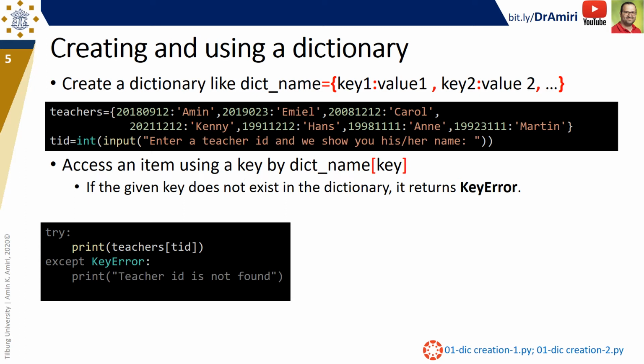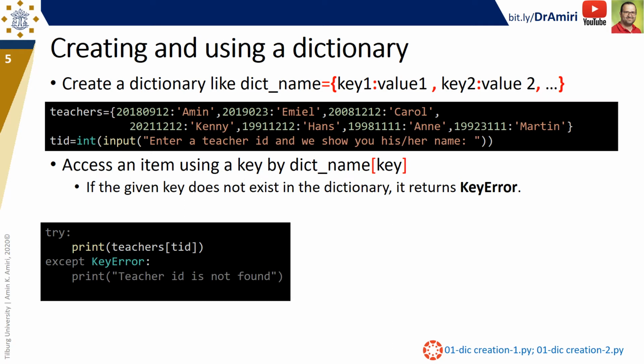And Python will easily return the value of that item, which is, in this case, the teacher name for that teacher ID. So as you can see here in this code, we wrote print teachers and in brackets TID, which is the key provided by the user.